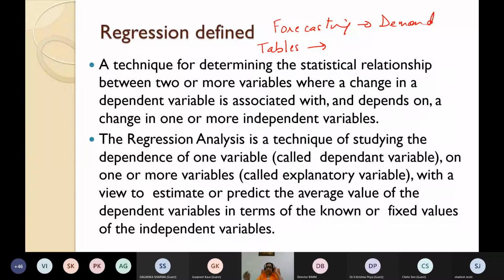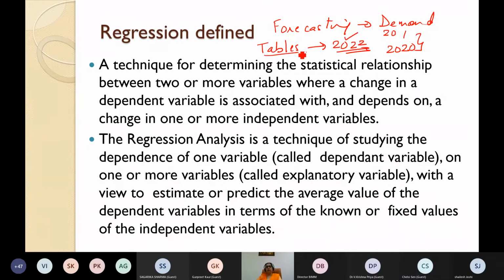I try to find what's going to be the demand for tables in 2022. So I check out the data, let's say from 2011 to 2020, and try to find the forecast for that.